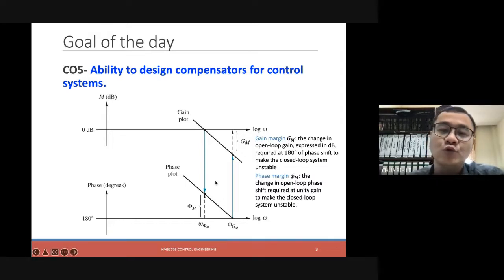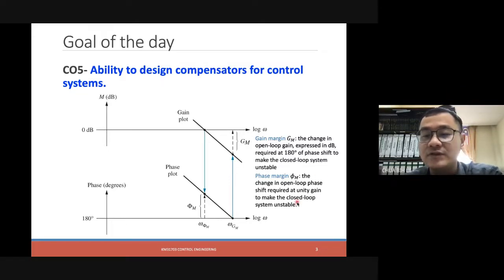And we try to figure out the relationship between all those important control parameters, or desirable parameters, especially the damping ratio, and how we can use the frequency response results on the gain margin and the phase margin, and how they are related to all those characteristics.